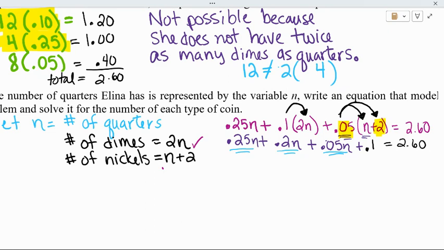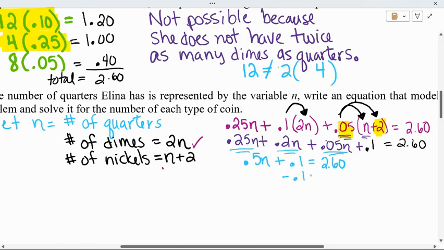So 0.25 plus 0.2 plus 0.05. Yeah, it's 0.5n, plus 0.1 equals 2.60. Okay. So now what do you want to do? We're trying to get the number of quarters all by itself. What do I have to move away? I'm going to subtract 0.1 from both sides.